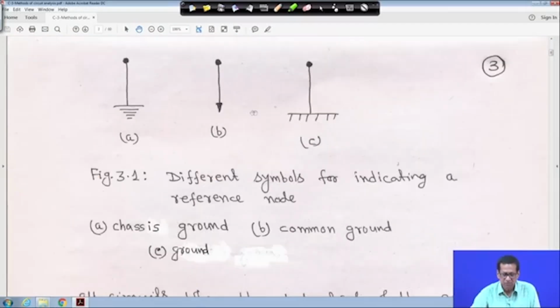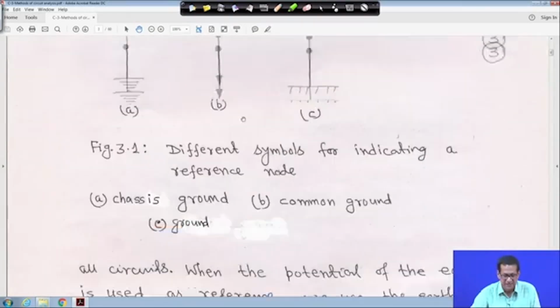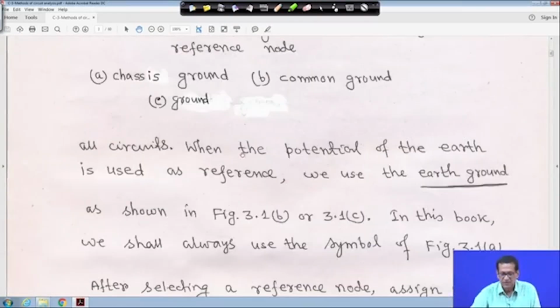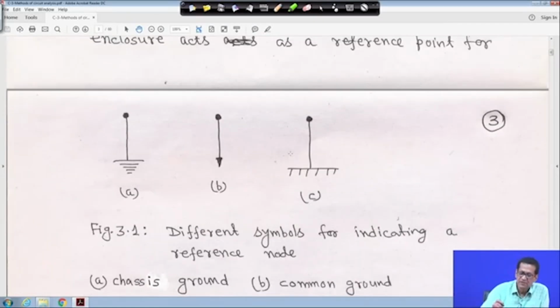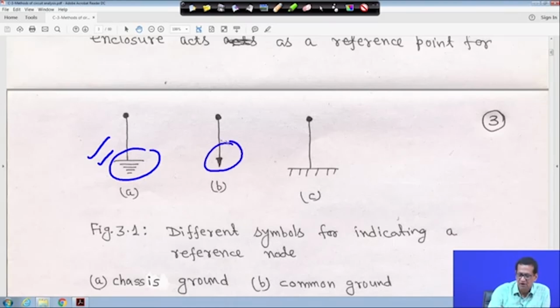Similarly, B and C are common ground points. When the potential of the earth is used as reference, these two symbols are used, whereas the chassis symbol is for the case or body of the device. If the earth or ground is the reference point, then either of these symbols can be used.